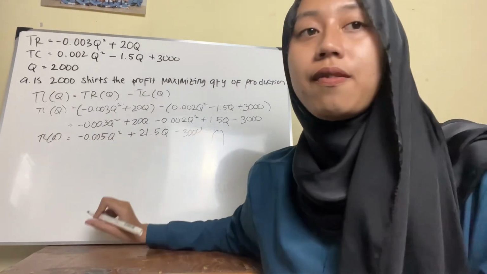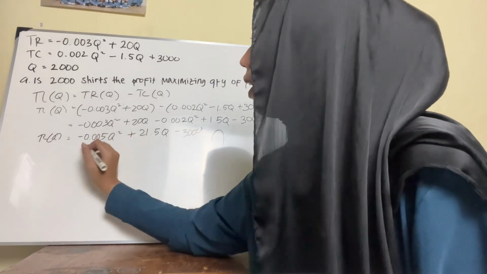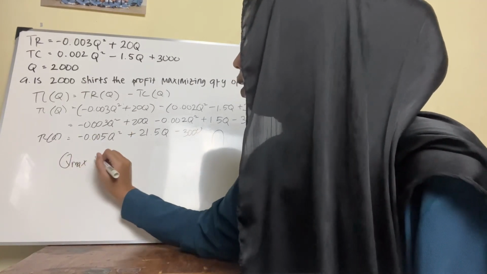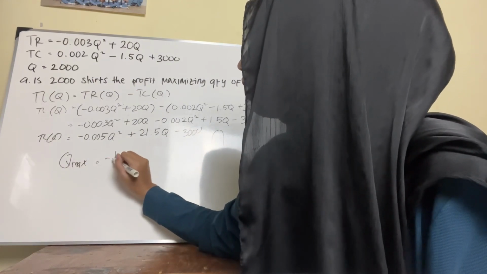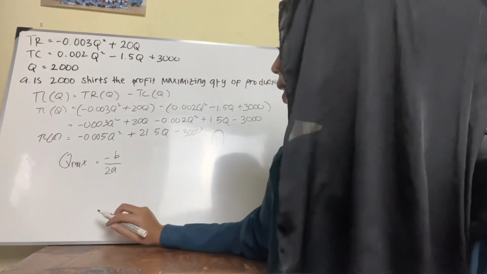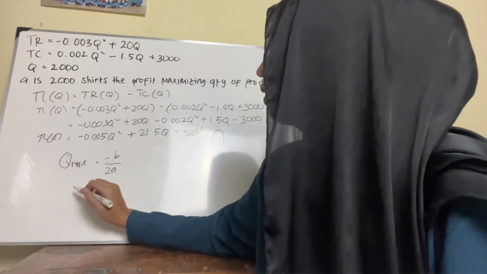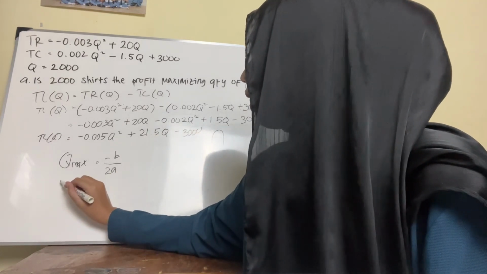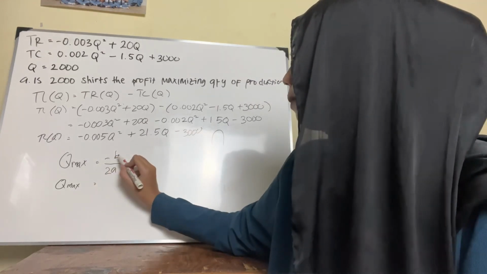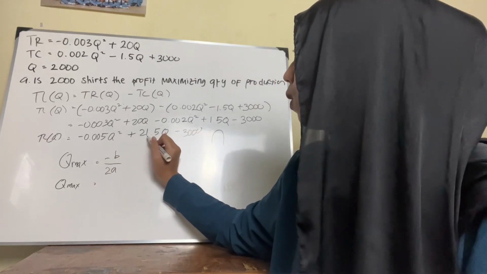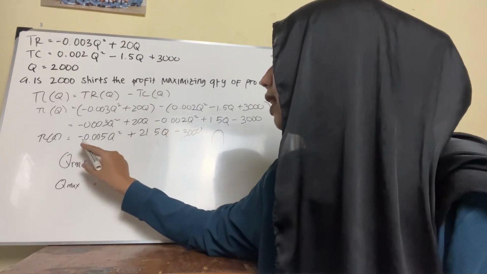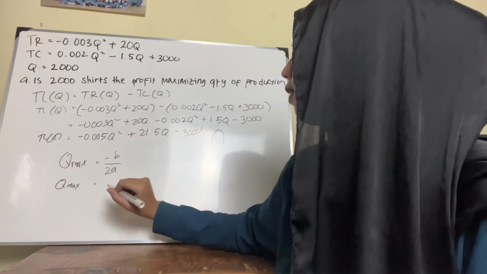The formula to find the vertex is Q max equals minus b over 2a. Let's substitute the values: b is 21.5, and a is minus 0.005.